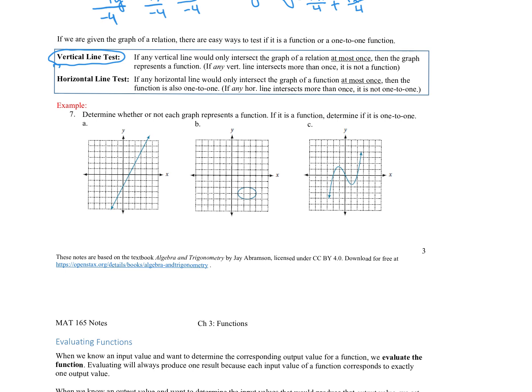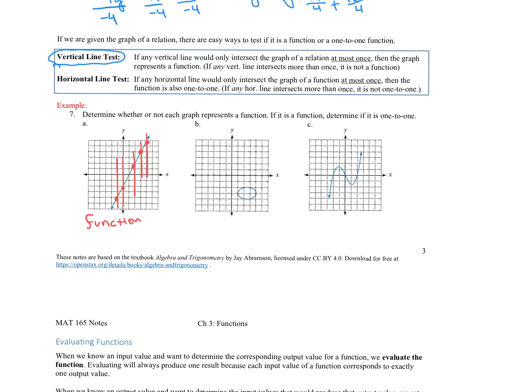For instance, if you take a look at 7a, notice I can draw several vertical lines. I can draw as many as I like, and it will never touch the graph in more than one place. This is called the vertical line test, and it means we have a function.